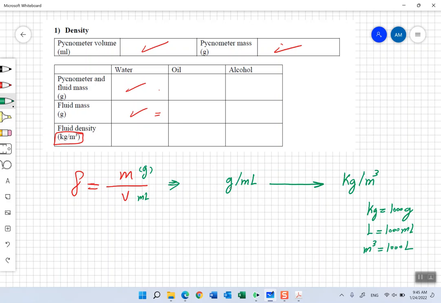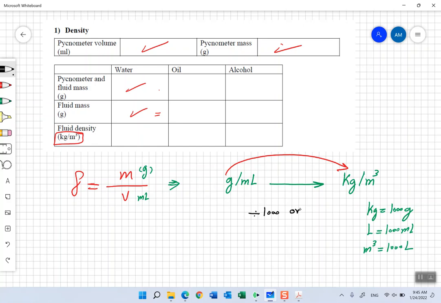Easily, to convert from gram per milliliter to kilogram per meter cube, the first thing you will need to do is to convert grams to kilograms. So to do that, you will either divide by 1,000, right?